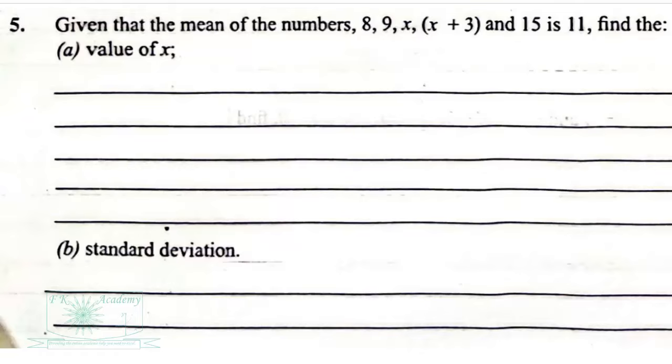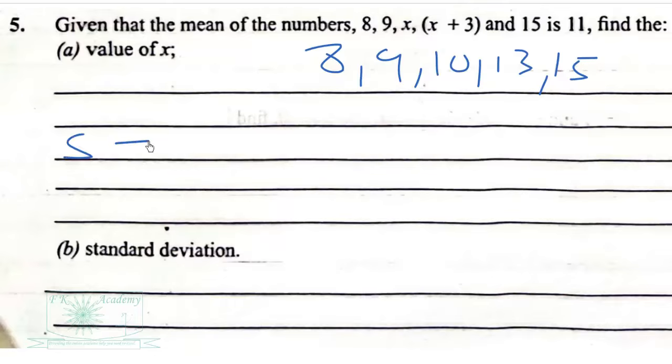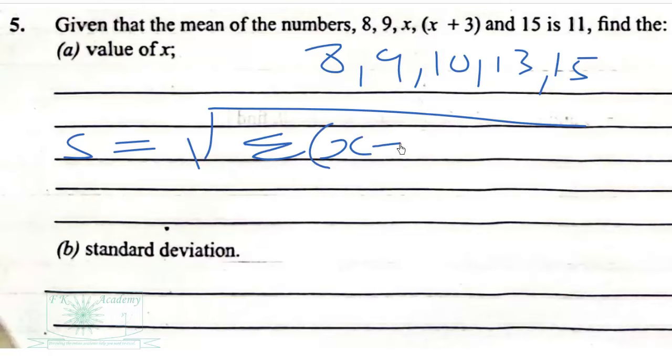So if x is 10, then the numbers are 8, 9, 10, 13, 15. So the standard deviation is given by the square root of the summation of the values minus the mean, squared, divided by the number of items.